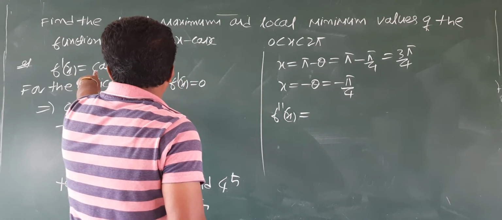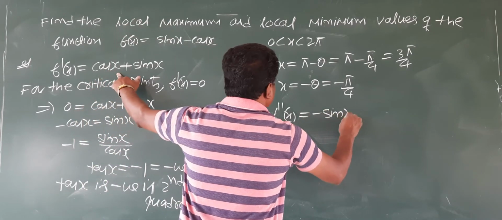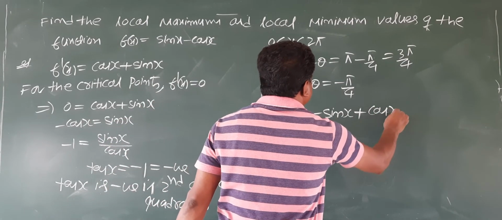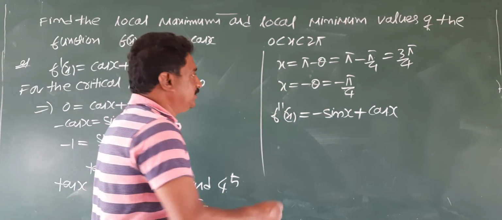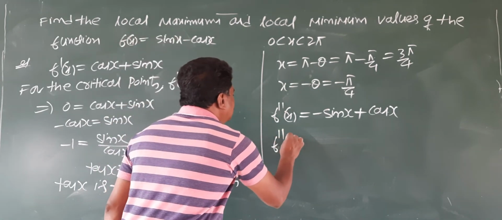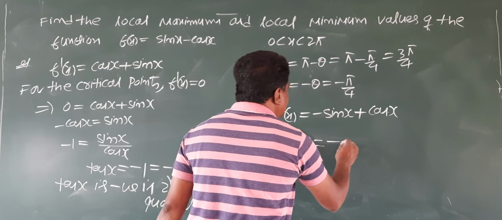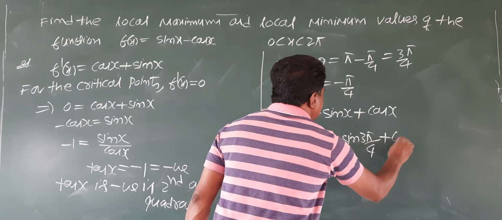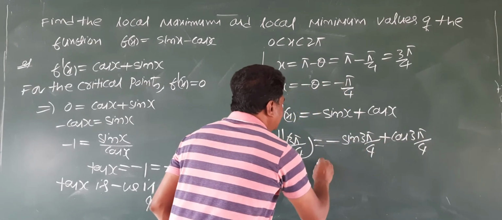So f double dash x: from f dash x, we get minus sin x plus, differentiation of sin x is cos x. First let us check that first point. F double dash 3 pi by 4 is minus sin 3 pi by 4 plus cos 3 pi by 4. Simplify that.